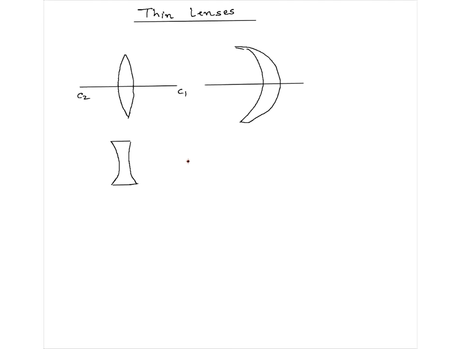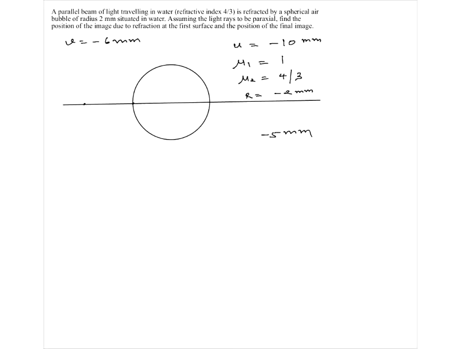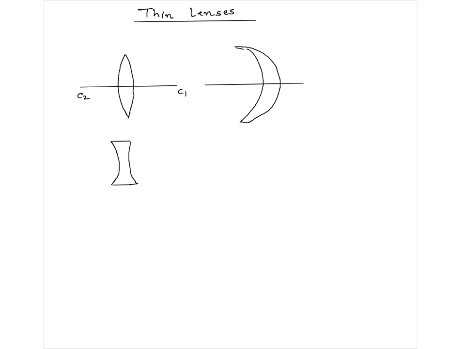The line that you obtain by joining C1 and C2 is called the principal axis. And then this is the optical center. We normally ignore the thickness for such lenses. While we were careful in these situations, V's from here or V's from here, because we could not ignore the thickness, here it doesn't matter.